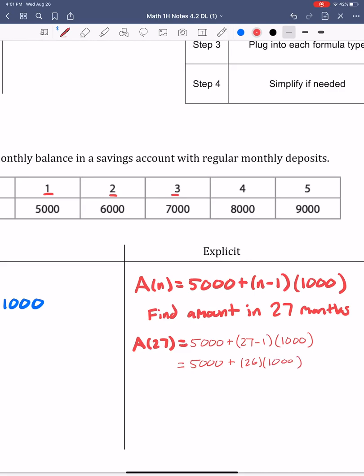Of course, that's going to give me 26,000. So we have 5,000 plus 26,000, and then we can add this all up, and we'll be at $31,000 in month 27. Okay, so right now you're just getting used to setting this formula up, so that you could go ahead and evaluate at a later time.